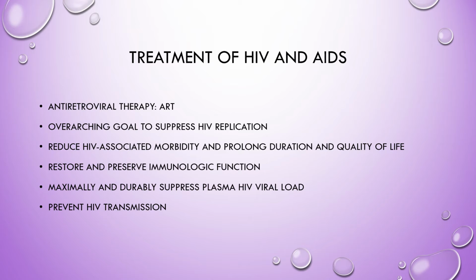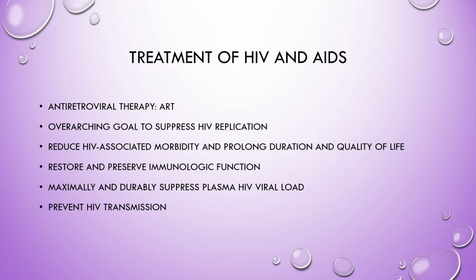The treatment of HIV and AIDS includes antiretroviral therapy. Its overarching goal is to suppress HIV replication. So our goal is to reduce the HIV-associated morbidity, prolong the duration and quality of life, and restore and preserve immunologic function.